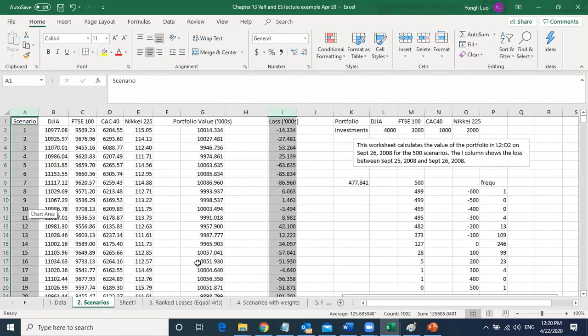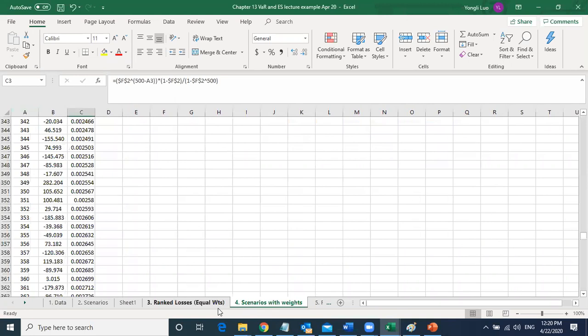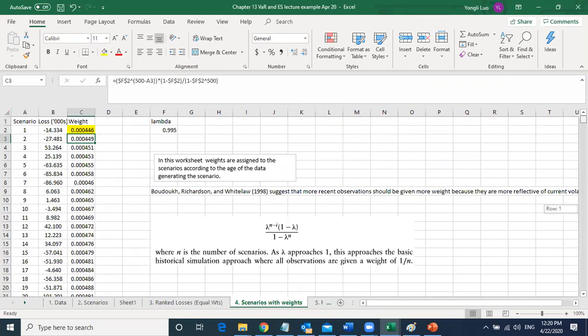So what we need to do is give them a weight. Some of the losses will be given heavy weight. Most recent losses will be given heavy weight. We call this the exponentially weighted moving average.